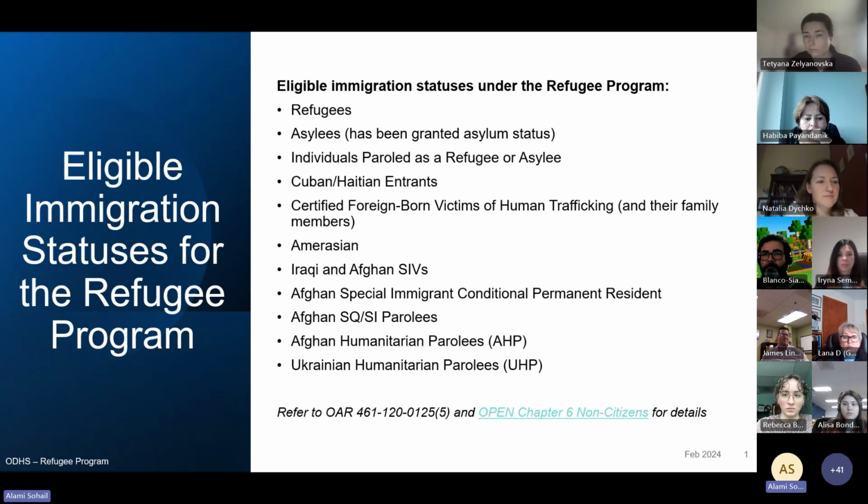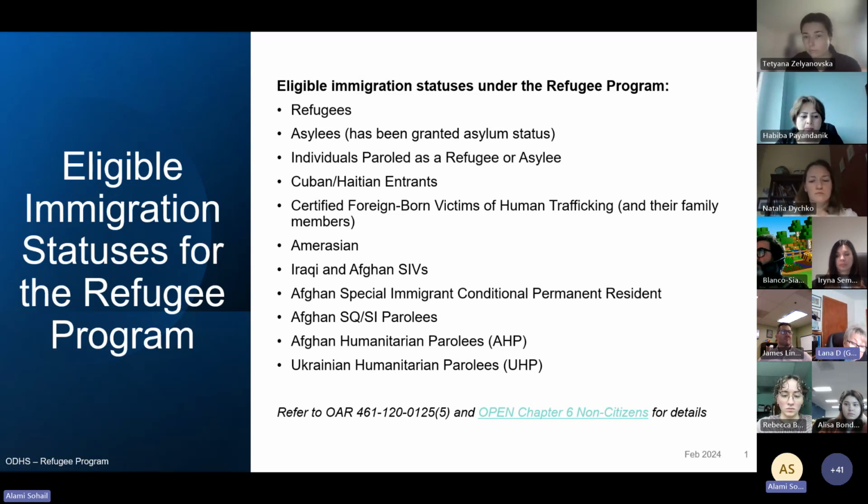The next one is certified foreign-born victims of human trafficking and their family members. Again, we don't see a lot of these, but if you do, there are certain documents that you have to look at. Amerasians, also, we aren't receiving a lot of Amerasians, but just in case, it's an immigration category that we do serve, so we've put it on the list.